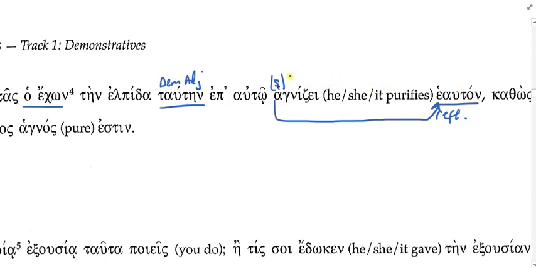The one here who has the hope, that person purifies that person, right? That is to say, he purifies himself. Okay? What case is heauton? See that nu there? Yep, that's accusative, singular, and masculine. Why is it accusative?